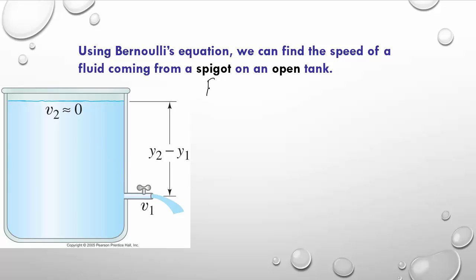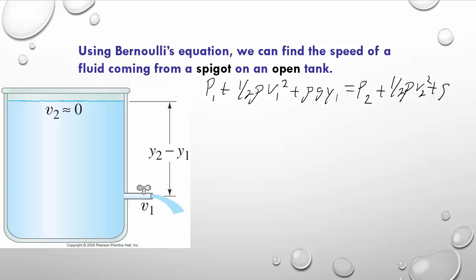So let's start writing that big nasty thing again. 1/2 rho V1 squared plus rho G Y1, and on and on. Why does this have to be so long? Crazy physicists and their love of equations.